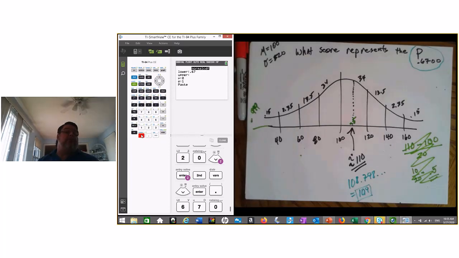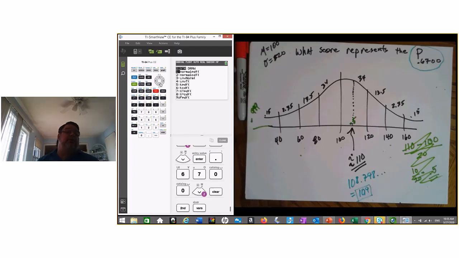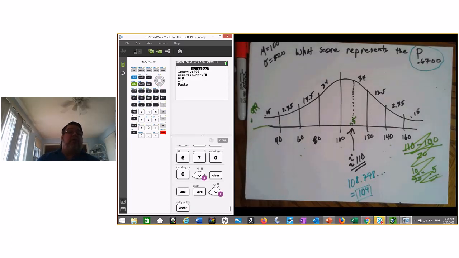So you have to type in 0.6700. And no, I did it. Did I do inverse norm? No, I didn't. I suck. Second bars, inverse norm. There it is. Why is it? Second bars, inverse norm.